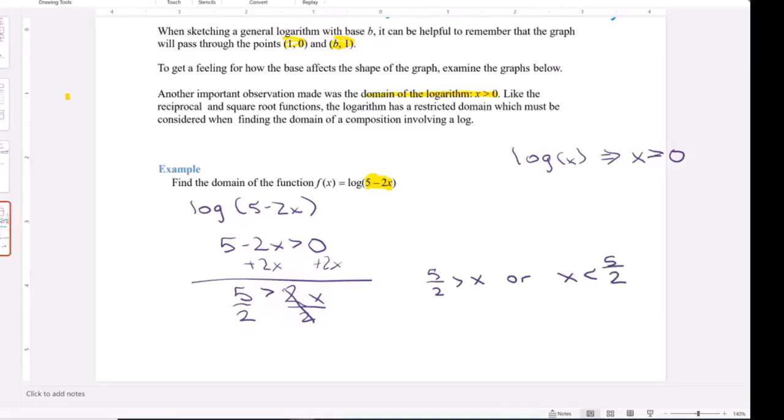If I put this on a number line, it's always easiest to do interval notation on a number line. So x is less than 5 halves. Let's call this 5 halves. And it's got an open circle there, and it goes that way. So I can see I'm going from negative infinity to 5 halves, and I have open parentheses on both sides because negative infinity is not a number, and it can't reach 5/2 or 2.5.